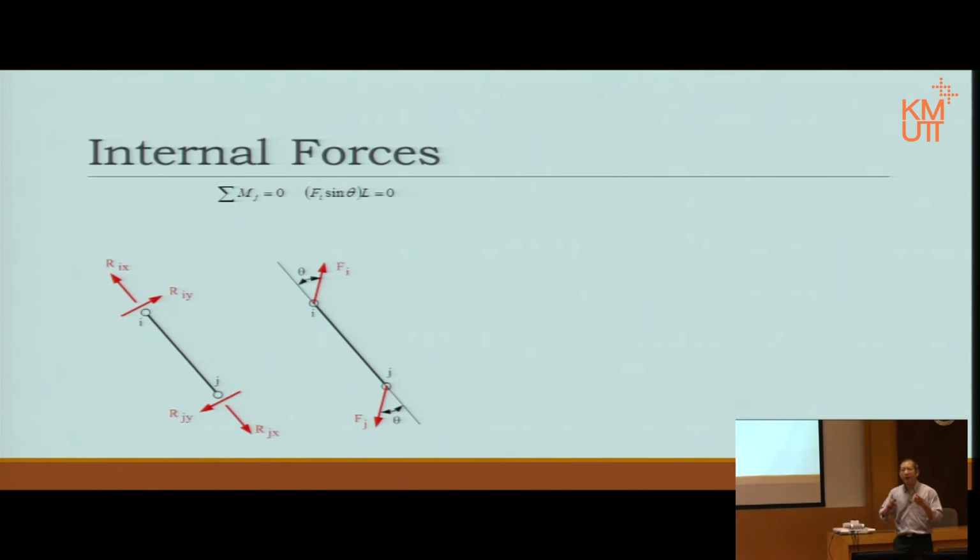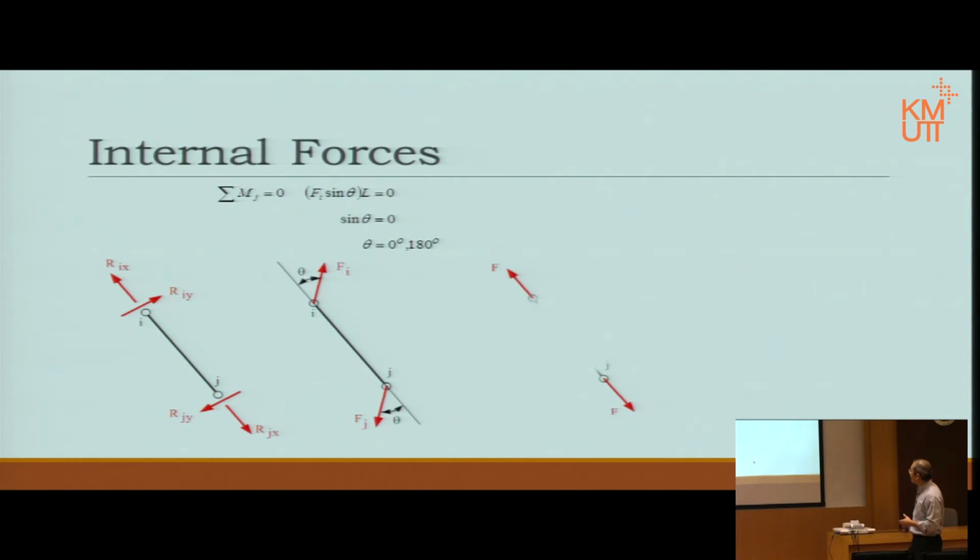In that equation, if Fi is not 0 and L is not 0, there is only one possibility then. That is, sine theta must be 0. If sine theta is 0, then theta is either 0 degree or 180 degree. 0 degree in this drawing will be tension, being pulled apart. 180 degree, turned all the way around, becomes compression.